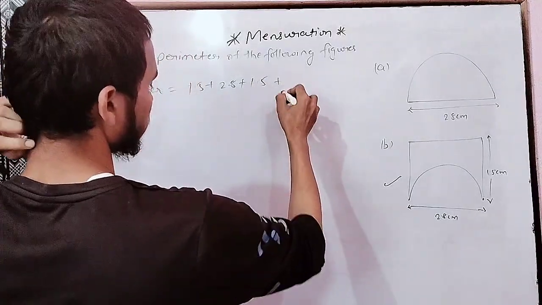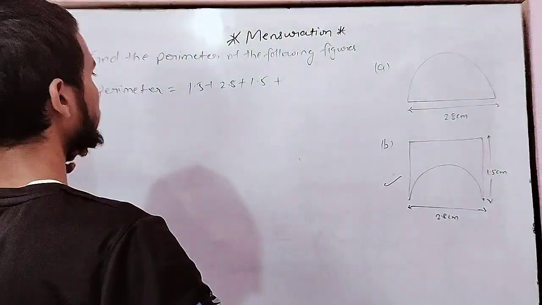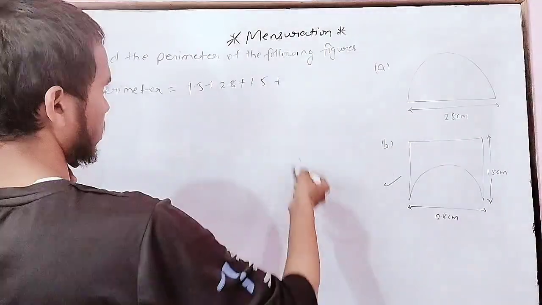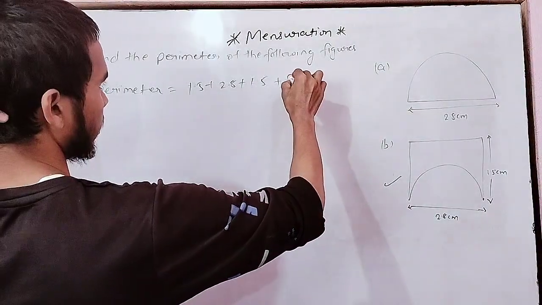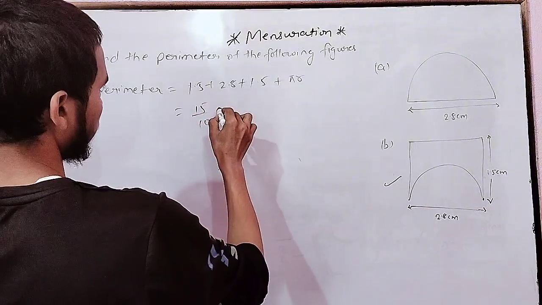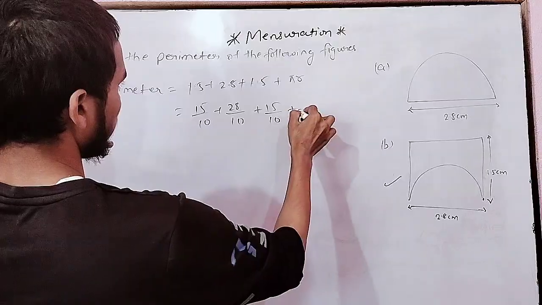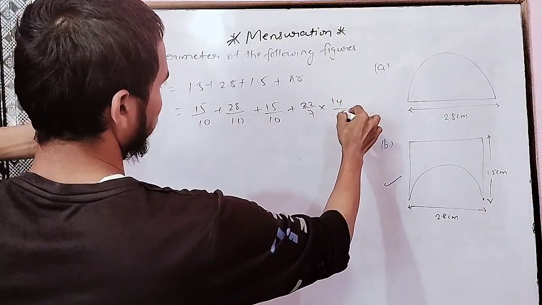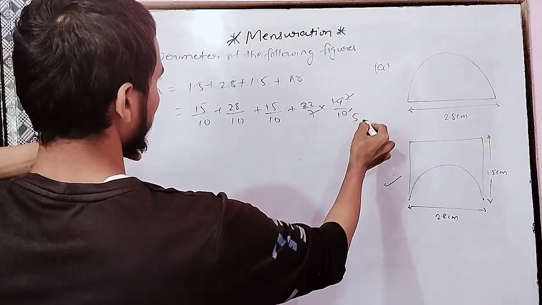Then we have a semicircle, which is 2 pi r upon 2. Just write pi r. 15 upon 10, 28 upon 10, 15 upon 10, pi is 22 by 7, and r is how much? 14 upon 10. 7 twos are 14.